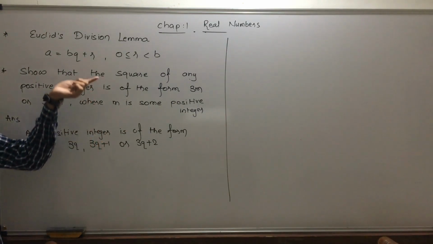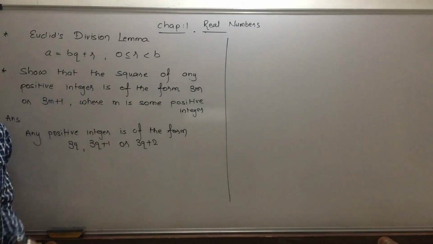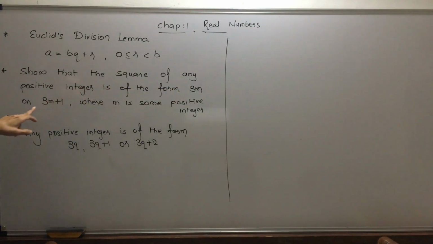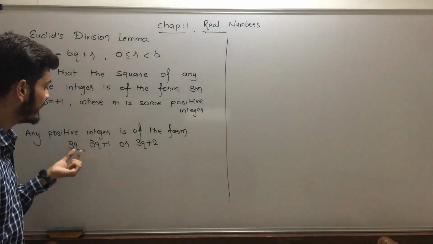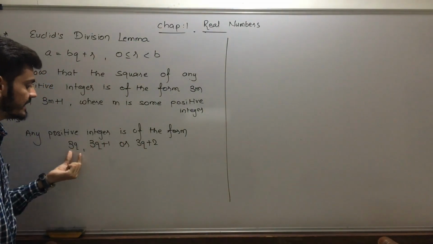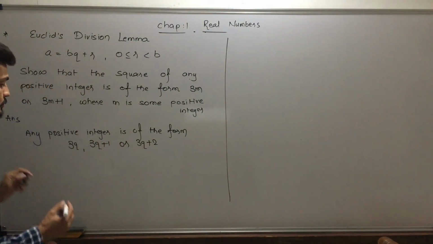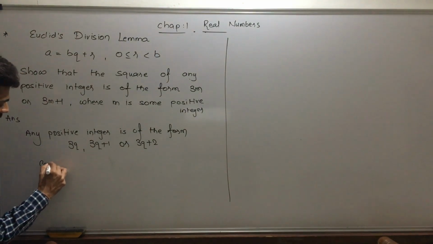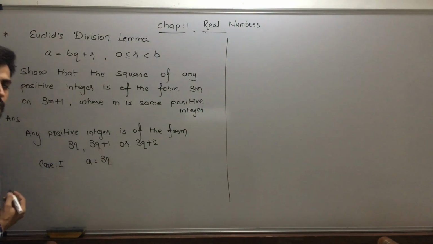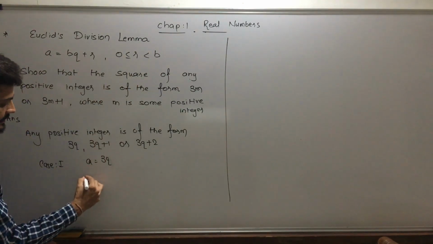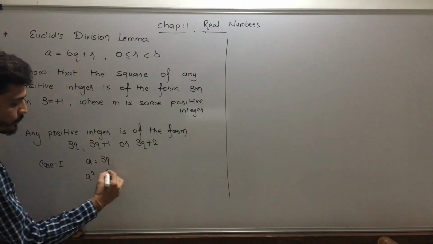Now the question is the square of this positive integer is of the form 3m or 3m plus 1, where m is some positive integer. Now we have three cases, three types of positive integers, so we have to do it case wise. So first case 1, that is a equals 3q, and the square of any positive integer, so squaring on both the sides.